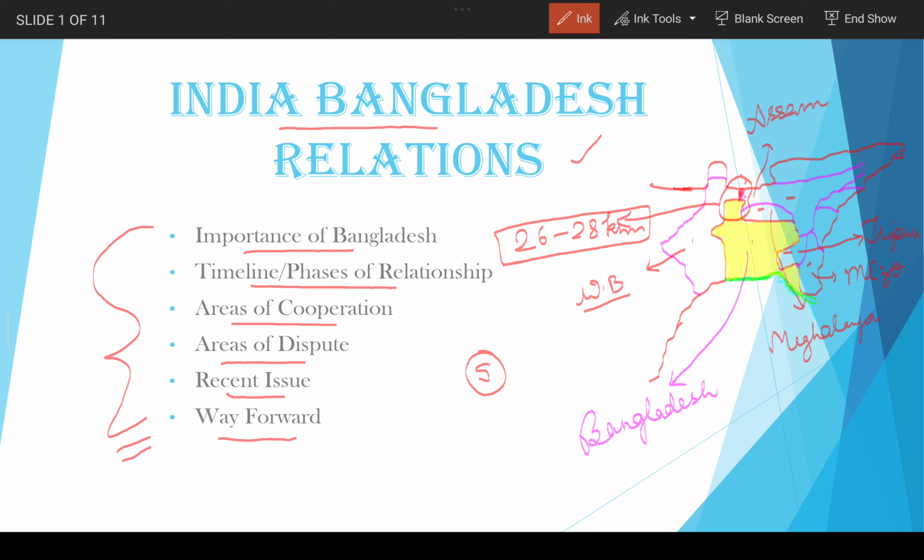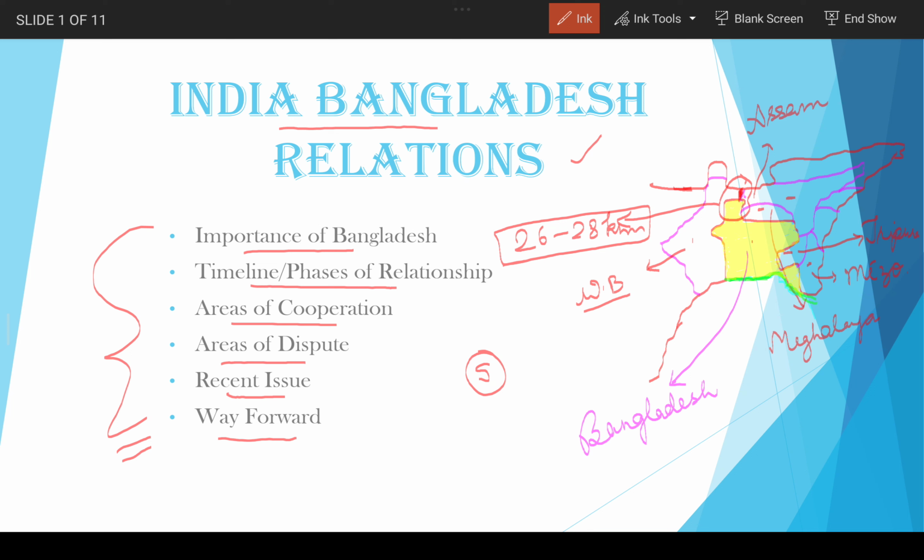So since this is only this much wide, supposedly in future, if there is any kind of war between India and China, then if this is going to be occupied by China, it is going to actually block our connection with the northeastern region. So this is a very sensitive point, basically we can say.